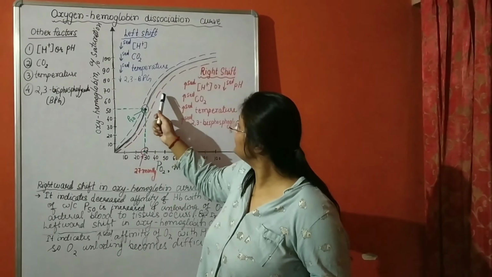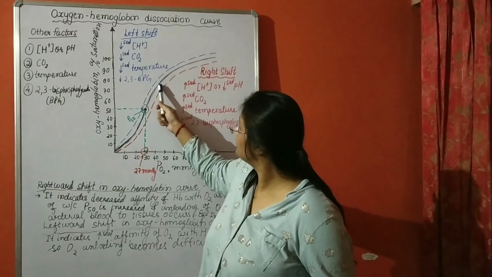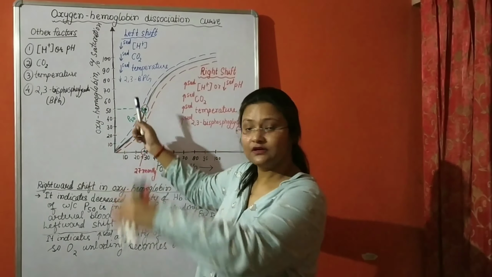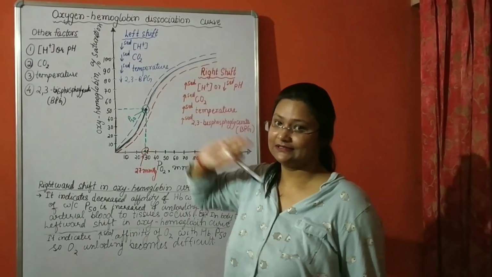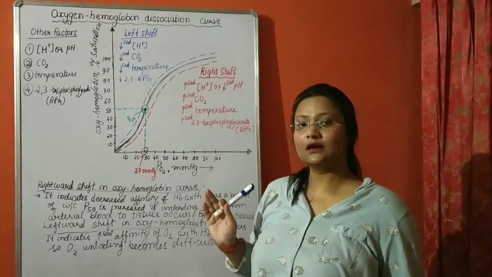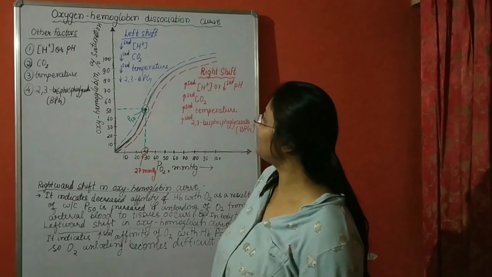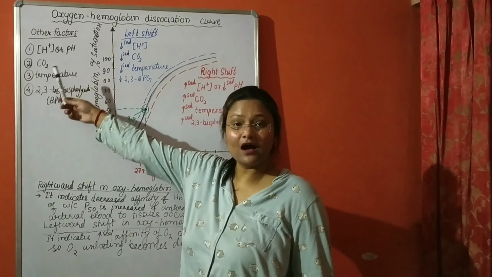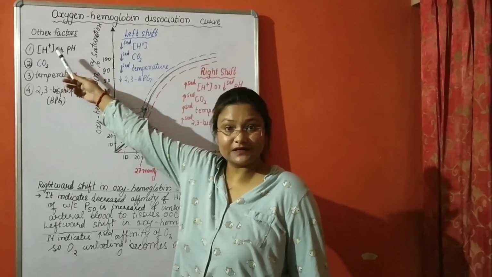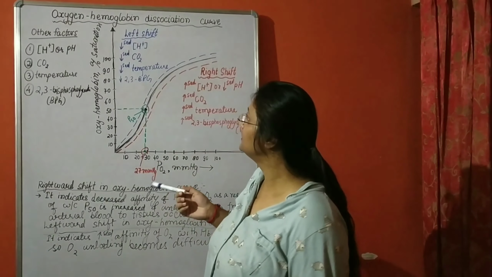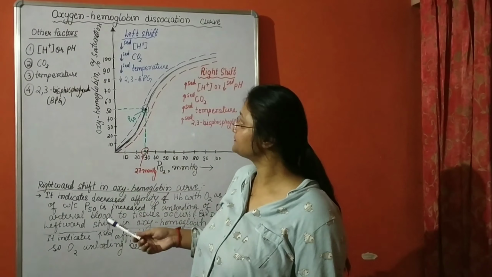These factors can either shift this curve to left or to the right, depending upon how they are interacting, depending upon their concentration. Right. So the four other factors are H plus ion concentration, like proton concentration, which is pH.